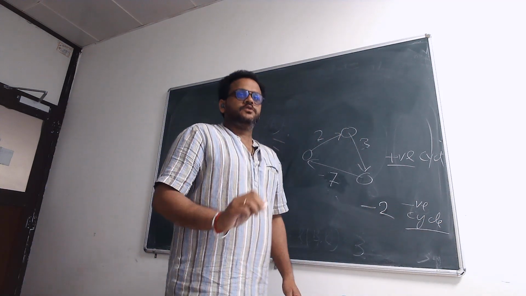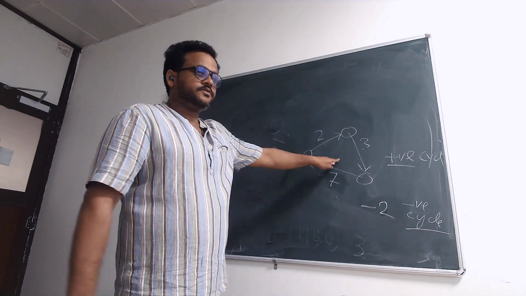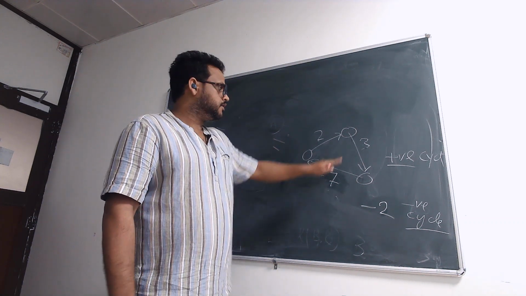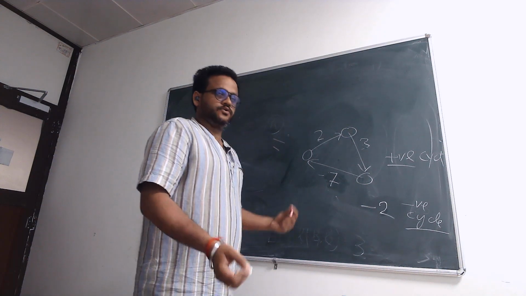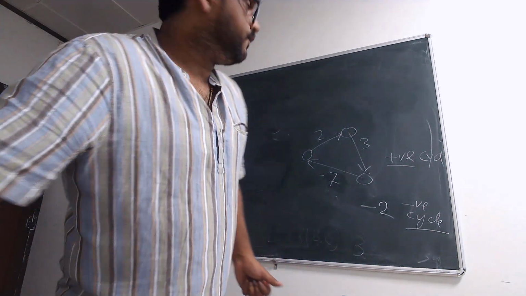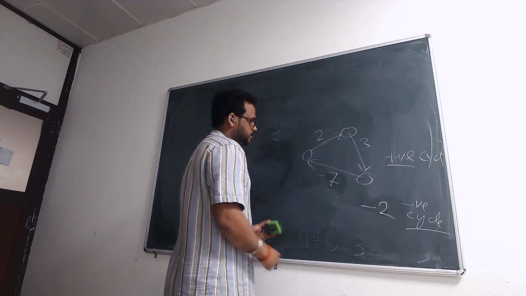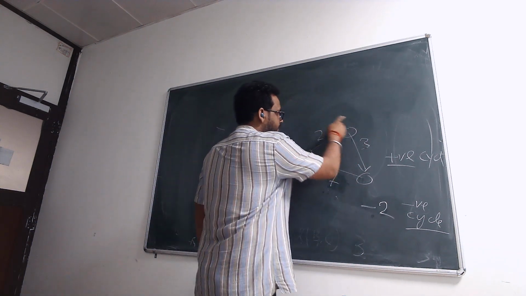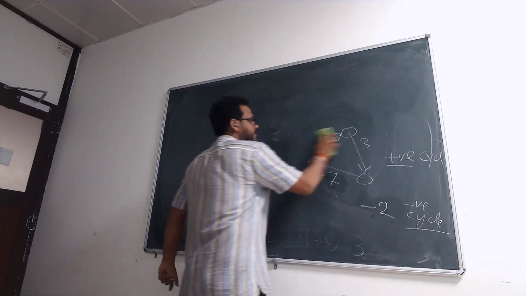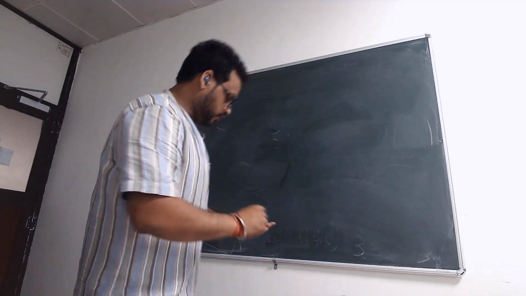Okay. So let me discuss a very important concept. If there is a negative cycle in a graph, then we don't have a definition of shortest path. Why is it so? By negative cycle I mean you add all the edge weights of the cycle, and if the total is negative, then we claim this is a negative cycle. So if there is a negative cycle, then there is no concept of shortest path.